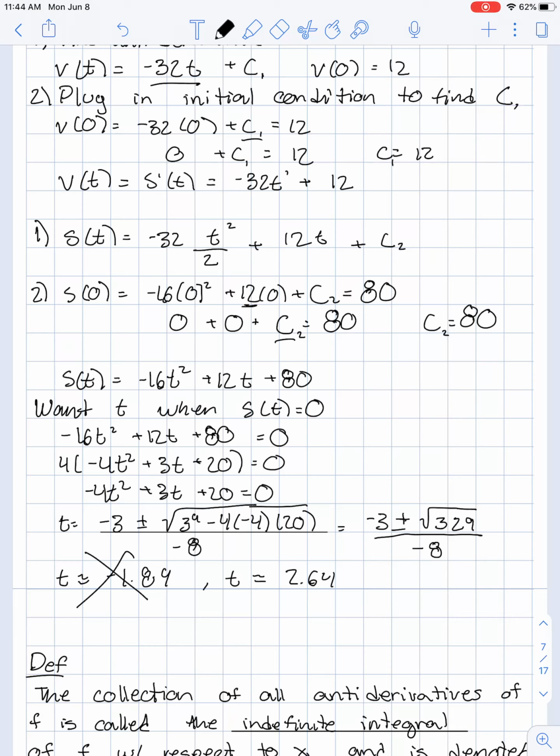So we can say that the package hits the ground at 2.64, don't forget your units, seconds, all right? That is the ugliest 4 I have ever seen. Okay. Beautiful. All right, cool.